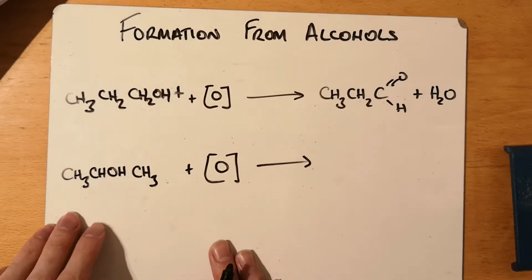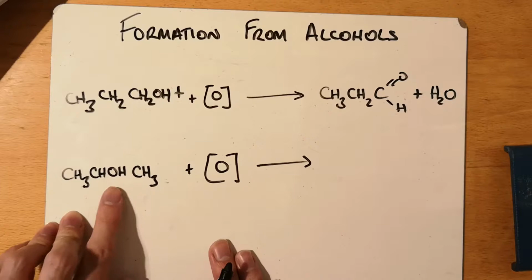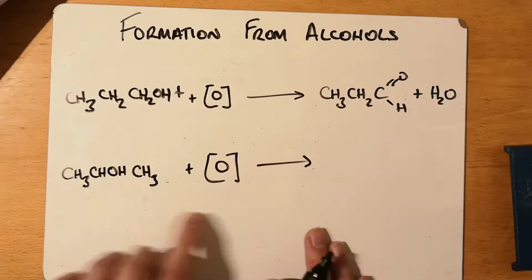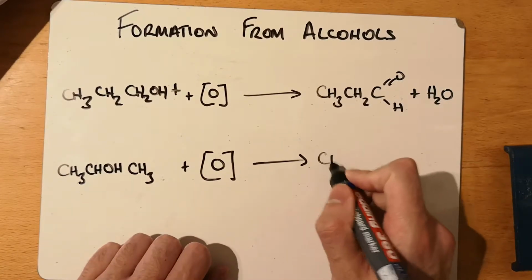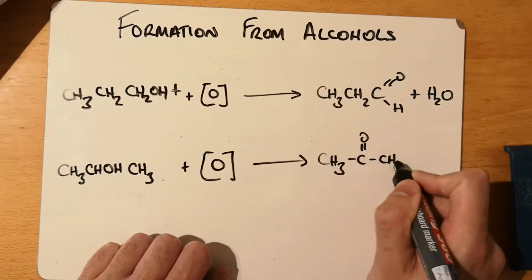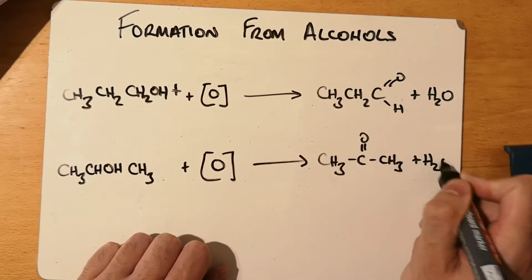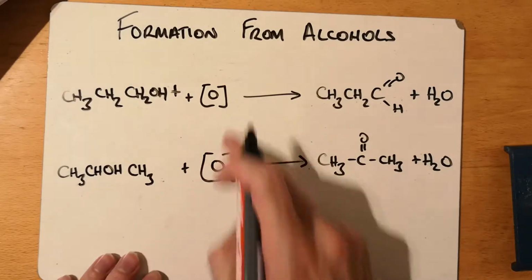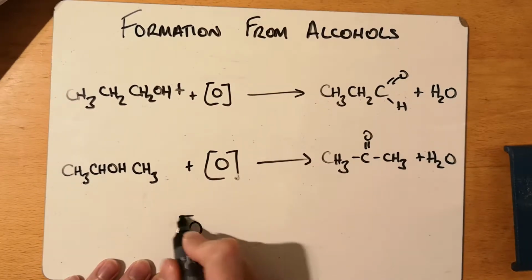And similarly to that, I'm going to take an alcohol where the alcohol group is on a central carbon, and when I oxidize that, it's going to form my ketone. Now this oxidizing agent is a good one to remember.